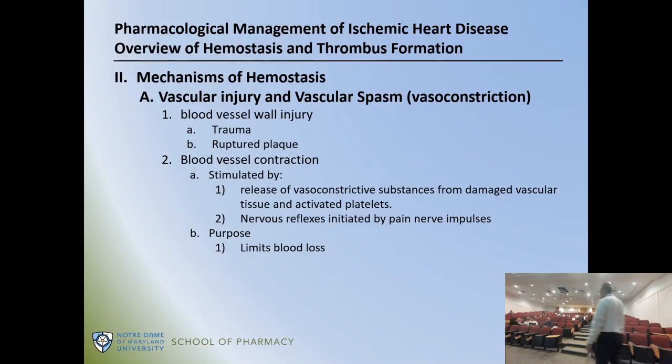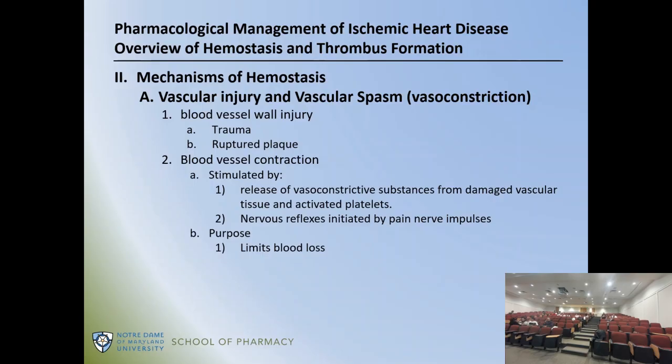That can cause constriction of the blood vessel right around the site of injury. So the smooth muscle surrounding the area that's damaged or where the plaque is ruptured will start to constrict, and that is done to limit blood loss. Your blood vessels will constrict down when they're damaged to prevent blood loss from that damaged area. There are a lot of reasons why your blood vessels will constrict in an area of damage.